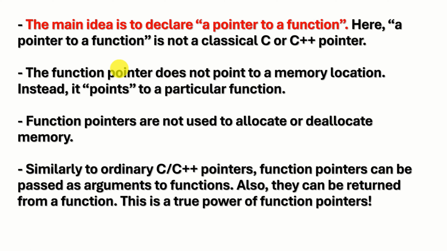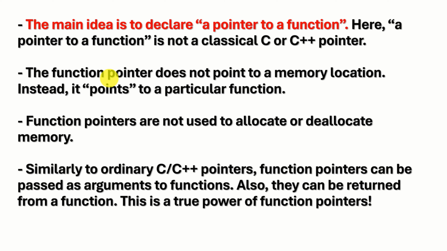Okay, let's start. The main idea of function pointers is to declare a pointer to a function. Here, a pointer to a function is not the classical C or C++ pointer. The function pointer does not point to a memory location. Instead, it points to a particular function.